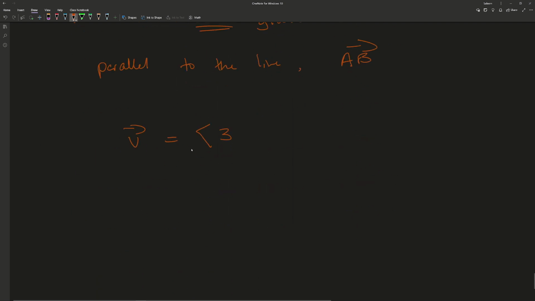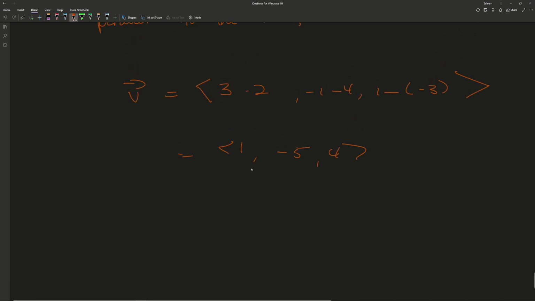So this is us finding AB here. So it's 3 minus 2, 4, 1 minus negative 3. So we have 1 comma negative 5 comma 4. Okay, great. So what are the direction numbers here? Just to remind ourselves, it's 1, negative 5, 4.